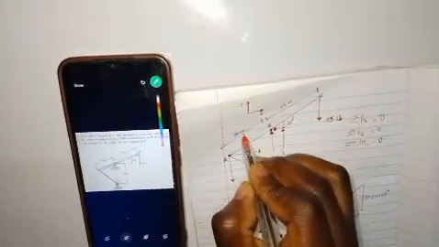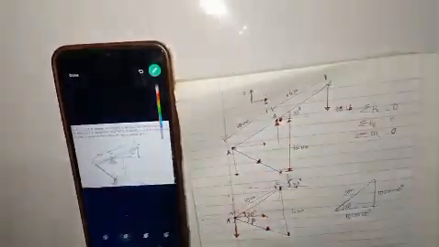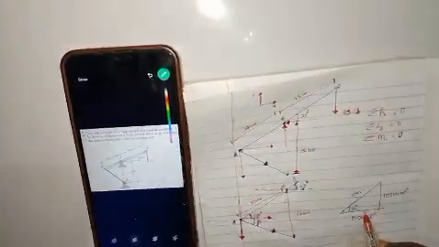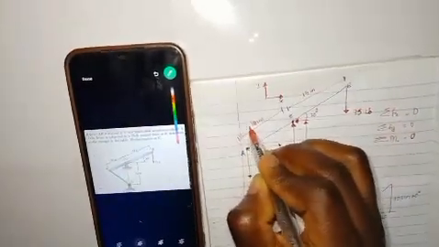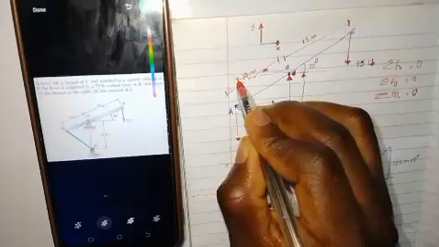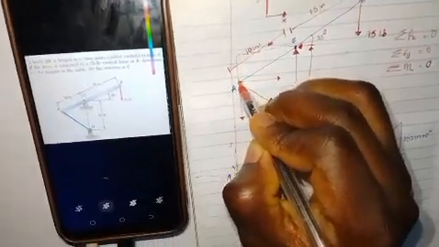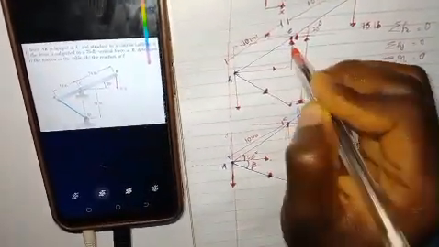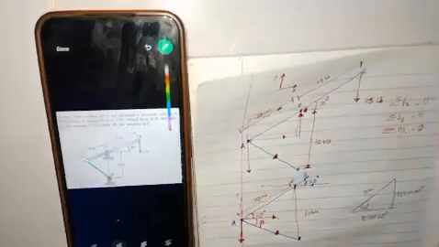So from here, don't forget, according to this diagram that I brought out, I said this is 10. I said this is 10, but okay, wait. Let's do this for better clarification.